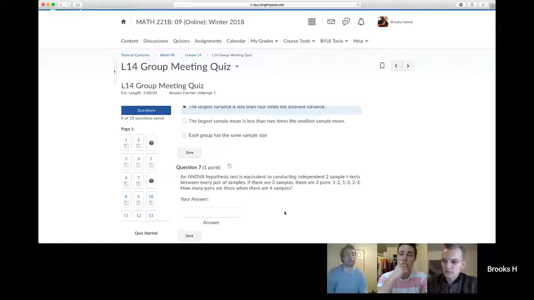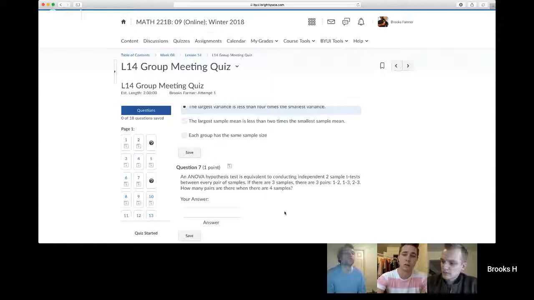Okay, an ANOVA hypothesis test is equivalent to conducting independent two-T tests between every pair of samples. If there are 3 samples, there are 3 pairs: 1 to 2, 1 to 3, 2 to 3. How many pairs are there when there are 4 samples? I'm just gonna use my fingers.